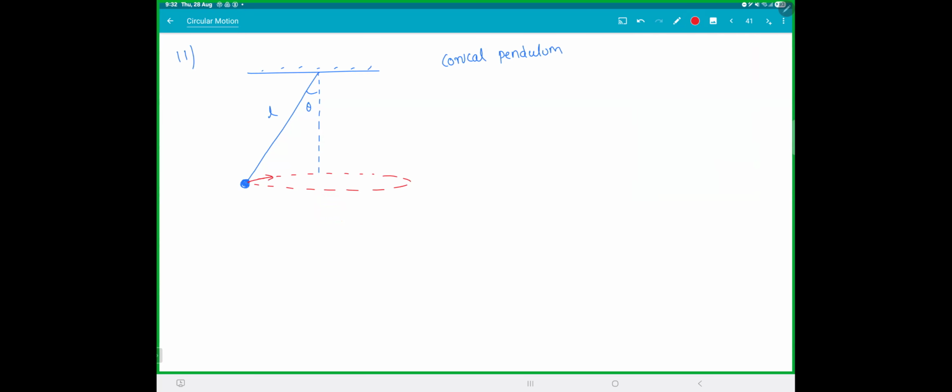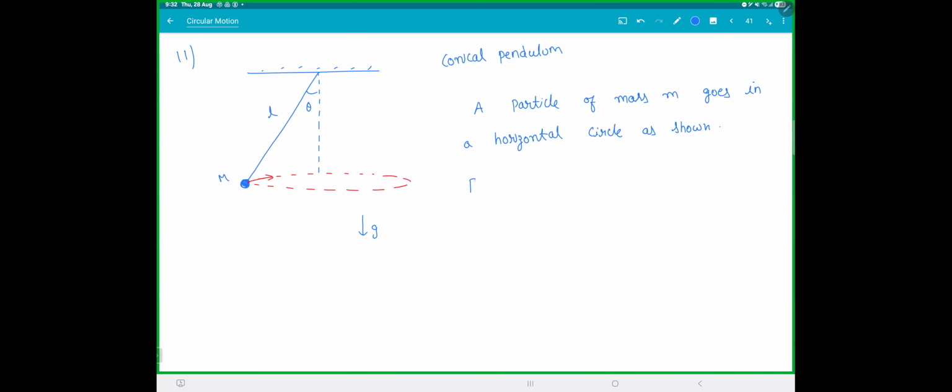So this is going like this with some speed. Gravity is there. Mass is m. A particle of mass m goes in a horizontal circle as shown.